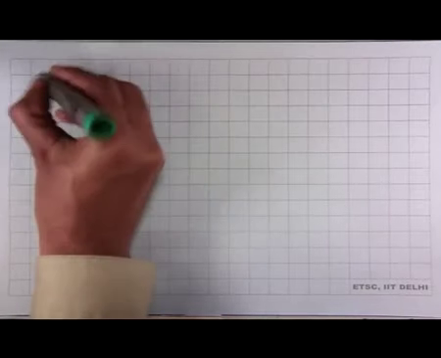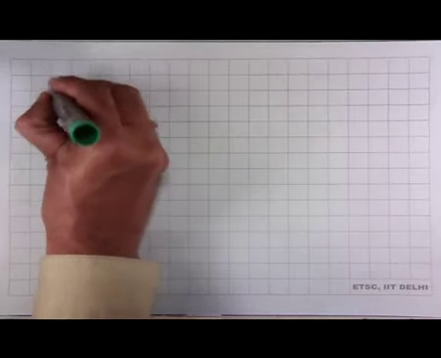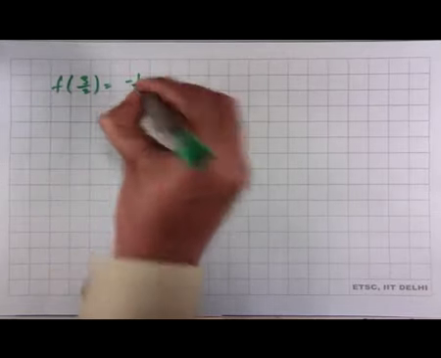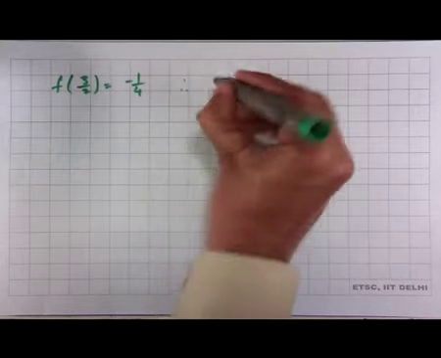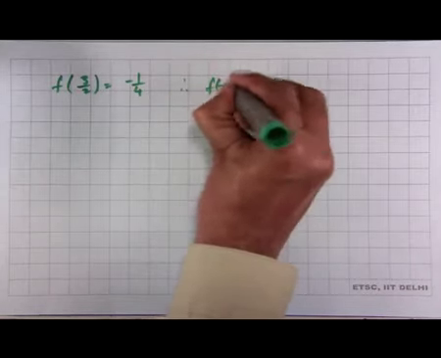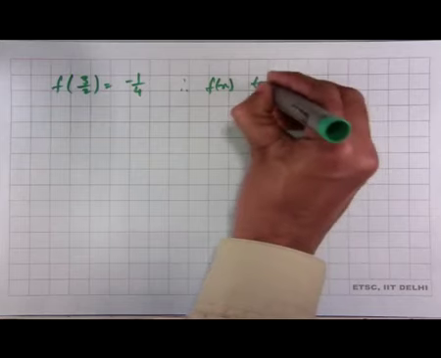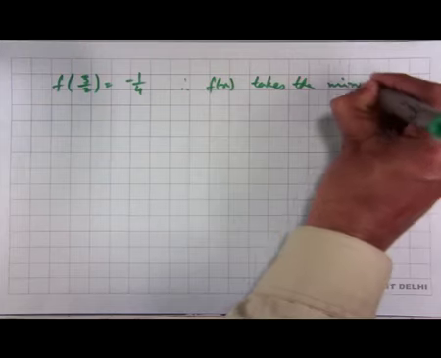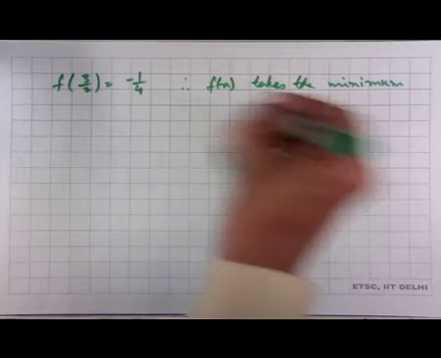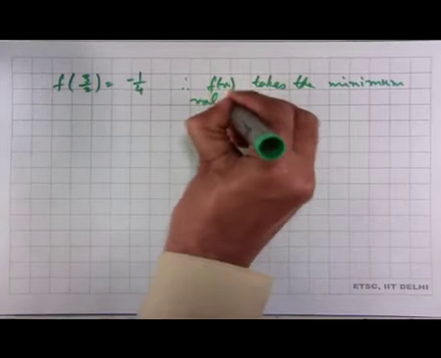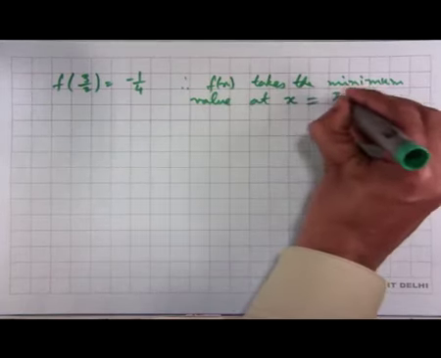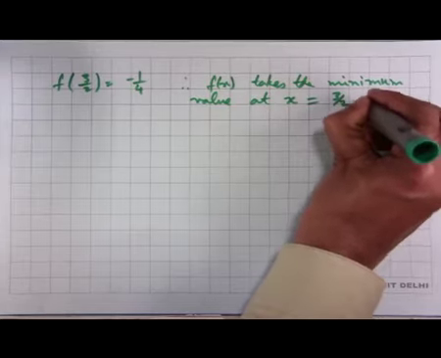So, f of 3 by 2 is equal to minus 1 by 4. Therefore, f x takes the minimum value at x equal to 3 by 2, and this is the minimum.